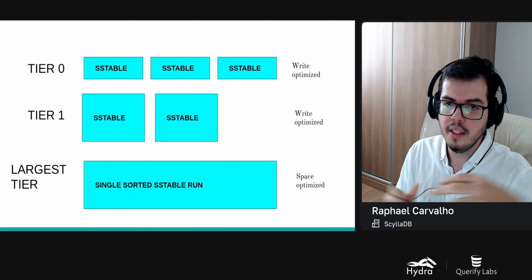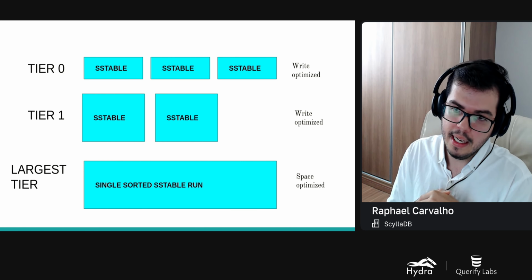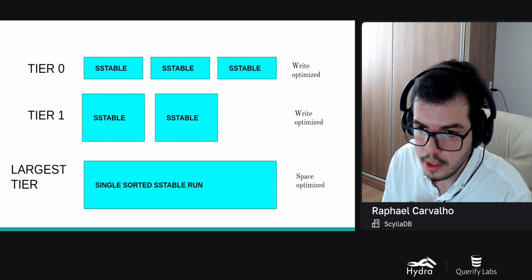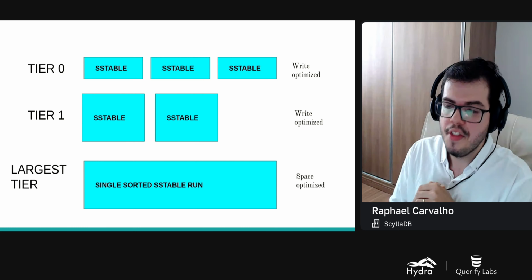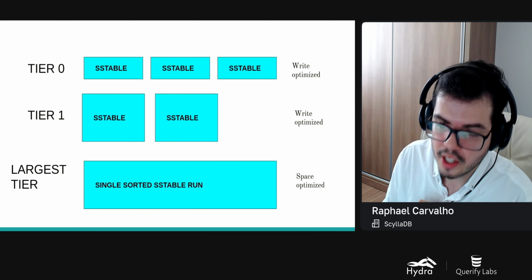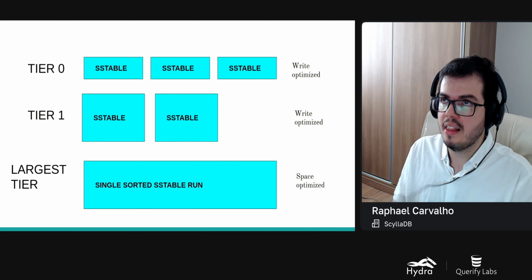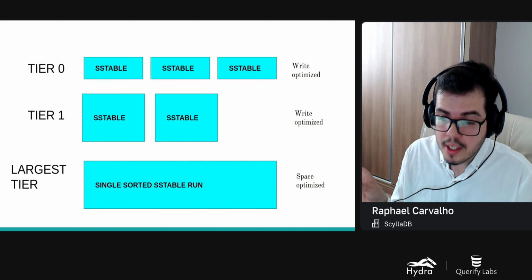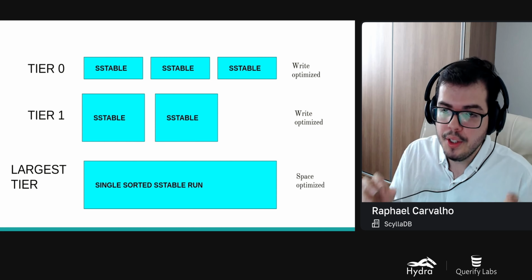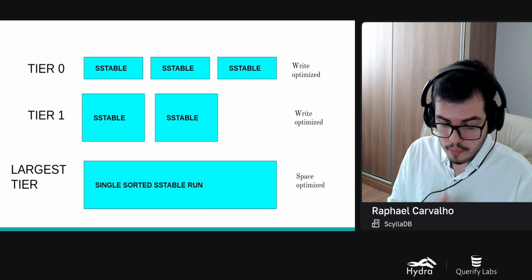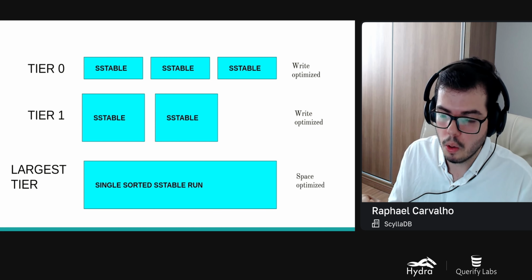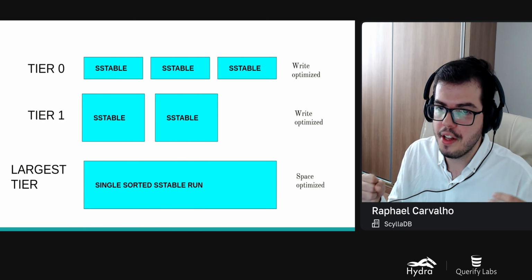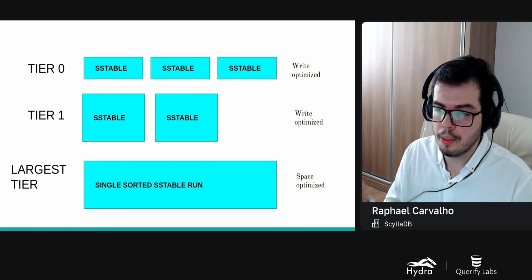So we are basically mixing the concepts, and it's good to keep the smallest tiers write optimized, because that's where new data is going to be flushed. If the workload changes all of a sudden and the write load increases, we allow the hybrid policy to adapt to the workload, meaning that we have tier level 0 write optimized.